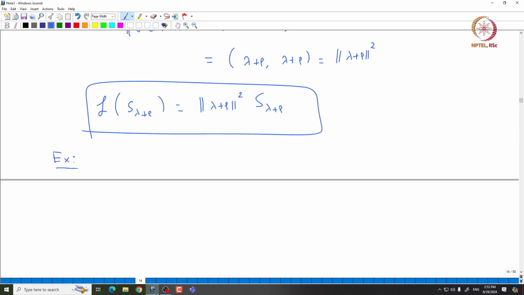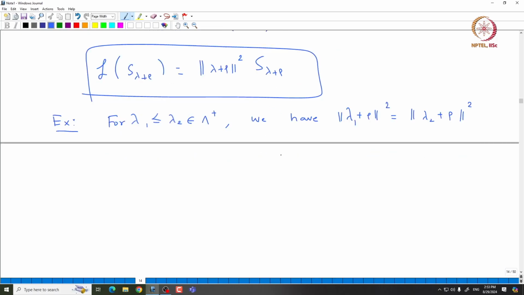It is a simple exercise to see that for given lambda_1 and lambda_2 in Lambda^+, the norm of lambda_1+rho squared is the same as the norm of lambda_2+rho squared if and only if lambda_1 must be the same as lambda_2. Because lambda_1 and lambda_2 are coming from Lambda^+, you will be able to compare them.